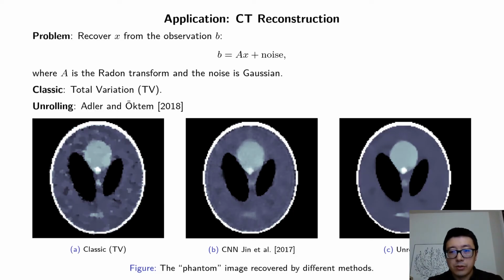Here I'm going to show you two sets of examples. The first application is CT reconstruction. Imagine that X stands for an image, for example an image of a slice of your body, and A stands for the Radon transform, which basically takes several line integrals. The goal is to recover the true image from the results of the line integrals.